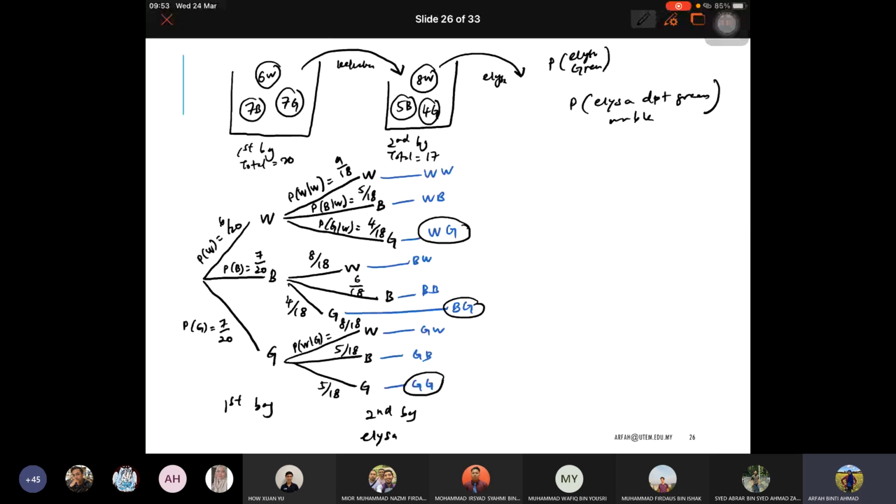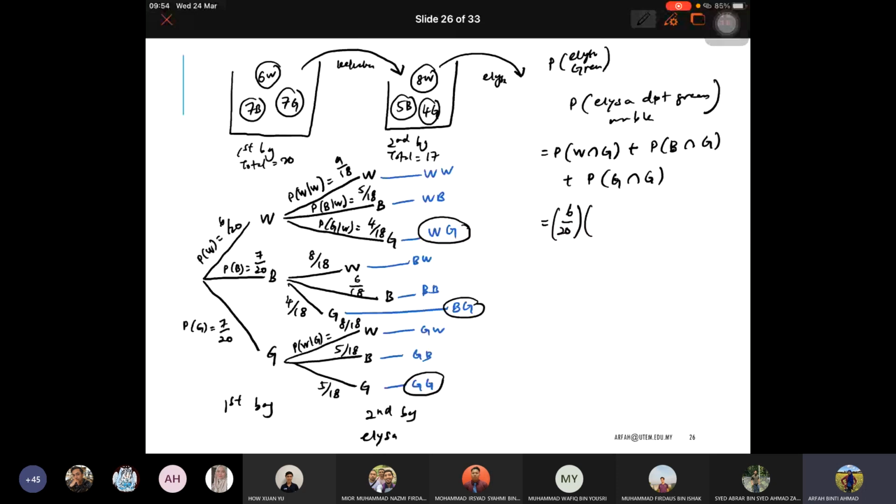That means the probability of W and G, Fasha gets white and Elisa gets green, plus the probability Fasha gets black and then Elisa gets green, plus the probability Fasha puts in a green marble and then Elisa also draws a green marble. So you just multiply the probabilities.